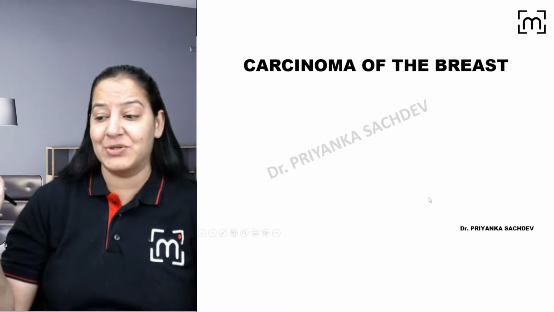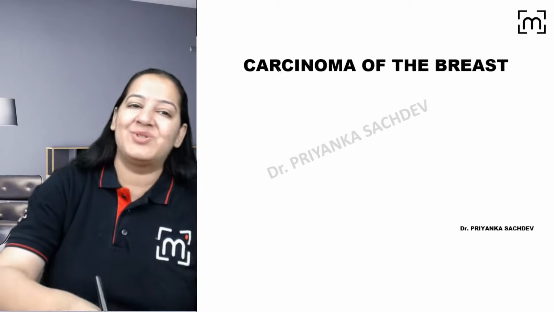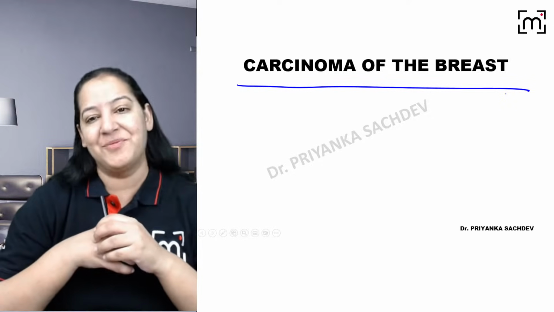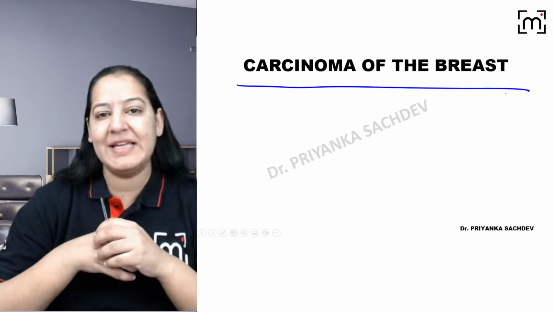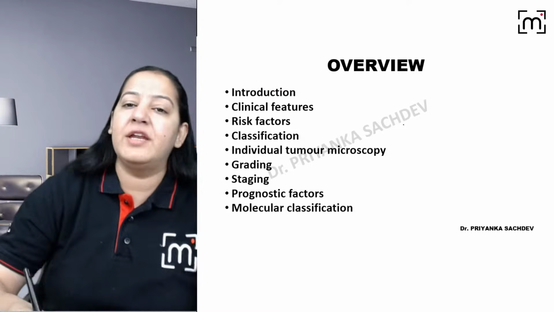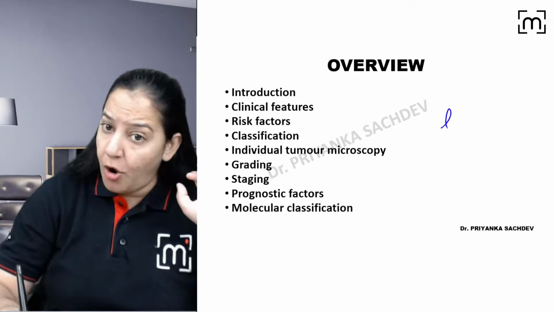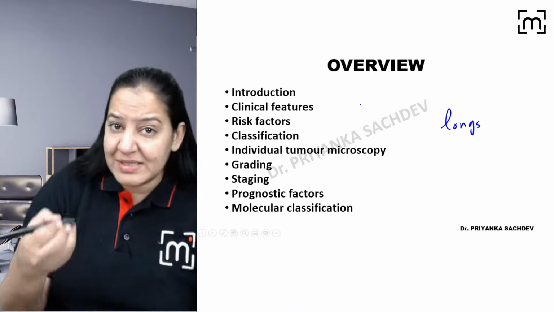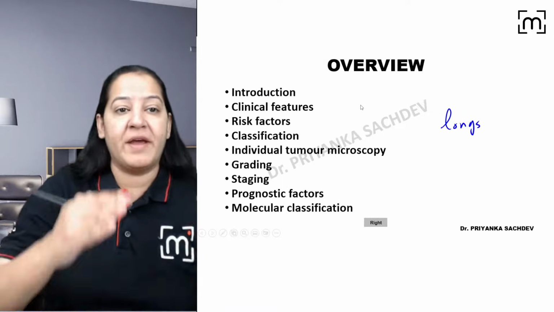If we have understood the complete structure of the breast, we can start the carcinoma of the breast. Can I start? I must start the carcinoma of the breast, right? Okay, yes. So if it is coming in your university exam for a long question, you must write at least 5-6 pages on that. So you must divide this topic under the following headings.